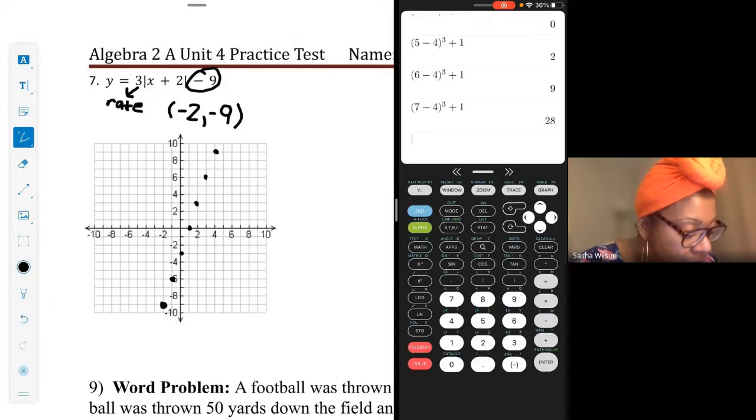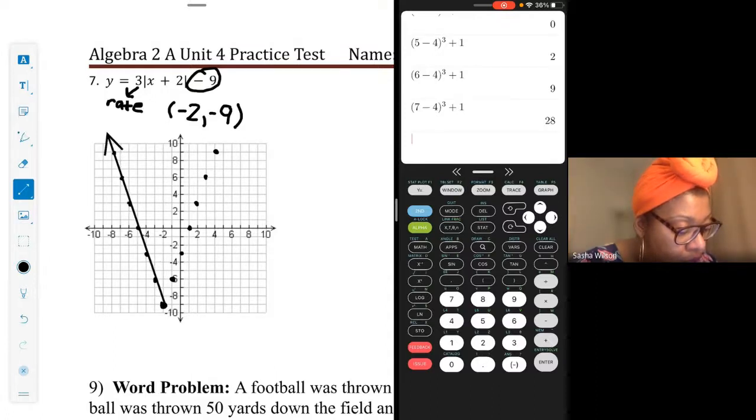It's also telling me to go up 3, over to the left 1, over to the left 1. So it's giving me my rate the opposite direction as well to give me that V shape. And I'm just going to draw my line.